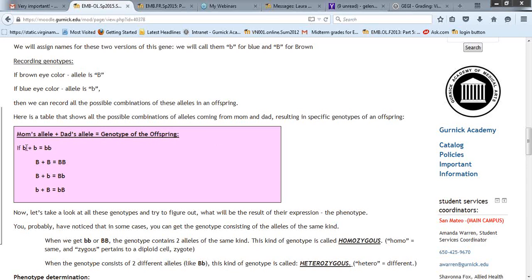So if you inherited a little b from mom and a little b from dad, then your combination would be two little b's, right? That's your genotype. Your genotype would be little b, little b. If you inherited a big B from mom, a big B from dad, then your genotype would be big B, big B. If you inherited one big B from mom and little b from dad, then your genotype is big B, little b.